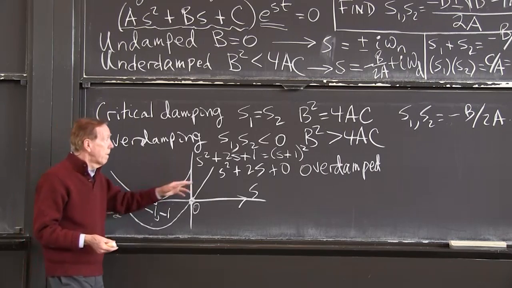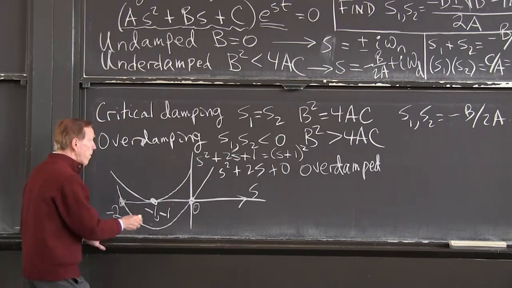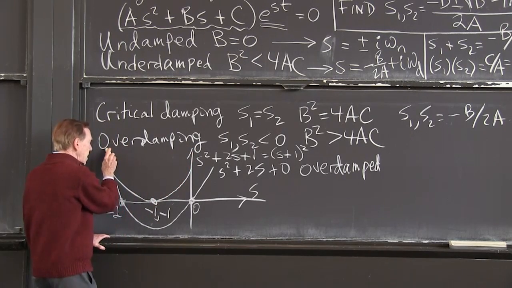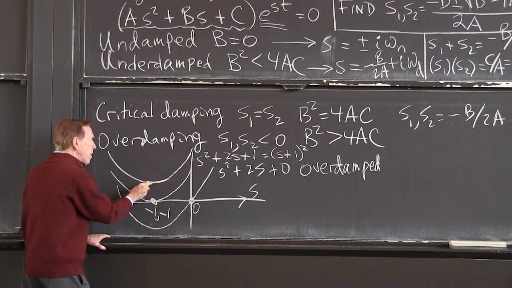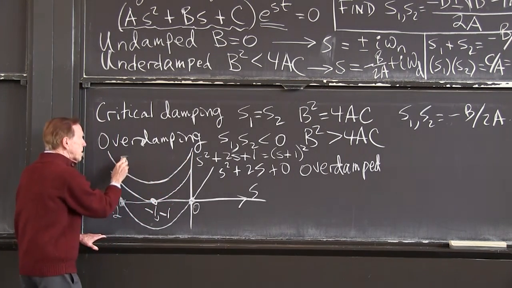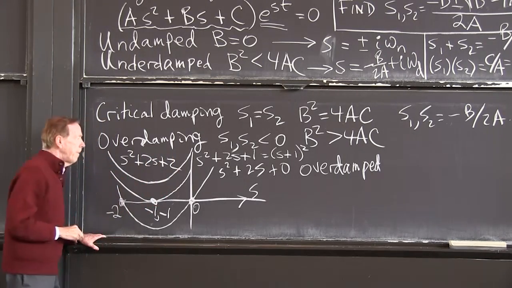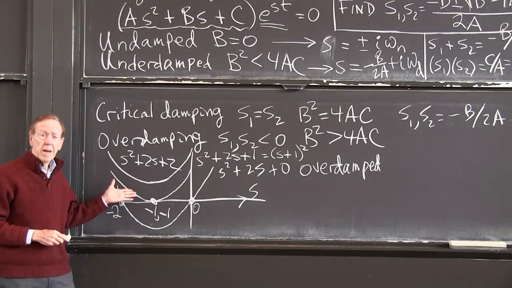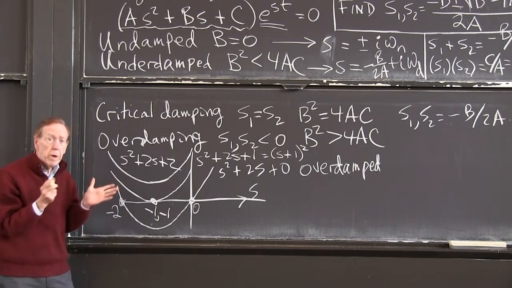And now what? Increase this constant C even further. You lift the parabola up, lift it by 1 more, let's say. What's going on there? This would be S squared plus 2S plus 2. And you see what that graph is telling us? There are no real roots.